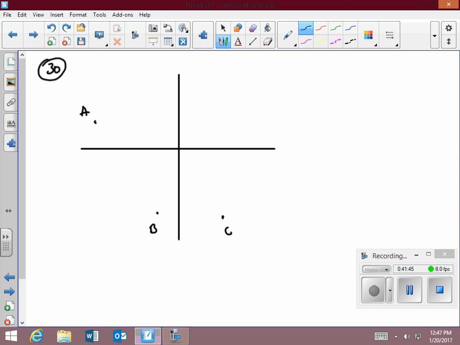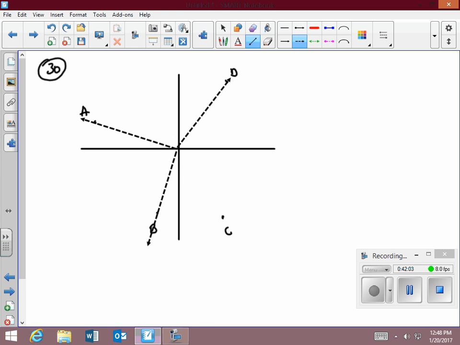D is... no, I'm just gonna kind of... now A, and the bearing is always going to be north so many degrees, one way or the other. So what it's going to be.